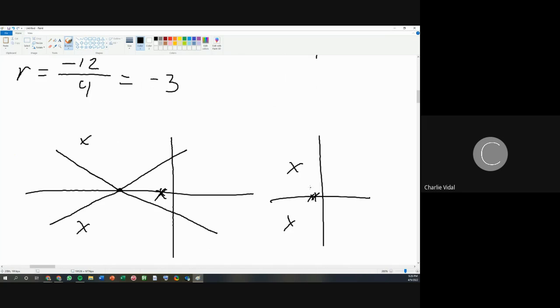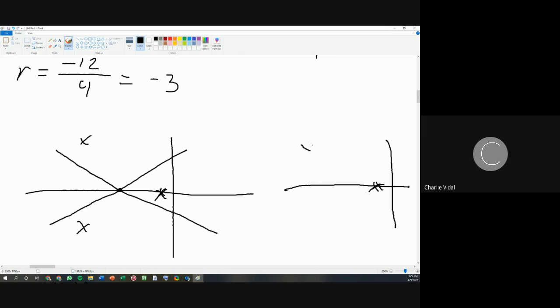Right, don't draw the line like, oops, hold on. I gotta draw this a little bit better. This and like this. Do not draw the line like this, where the x's are inside.